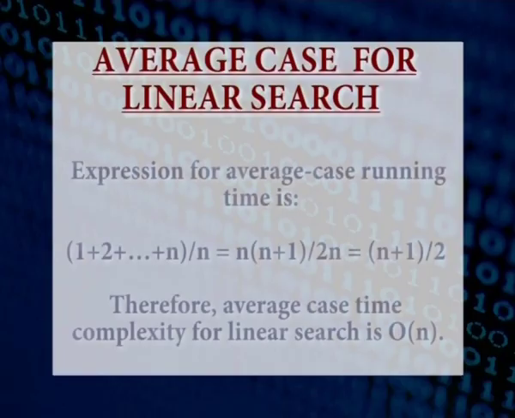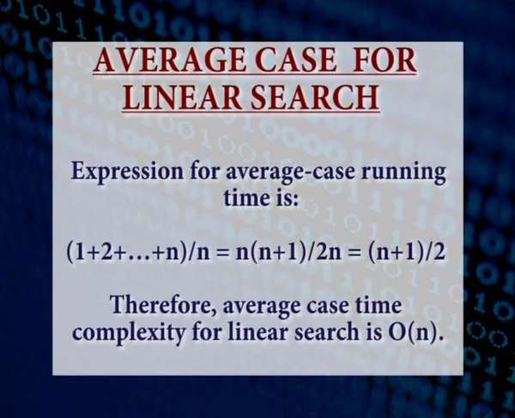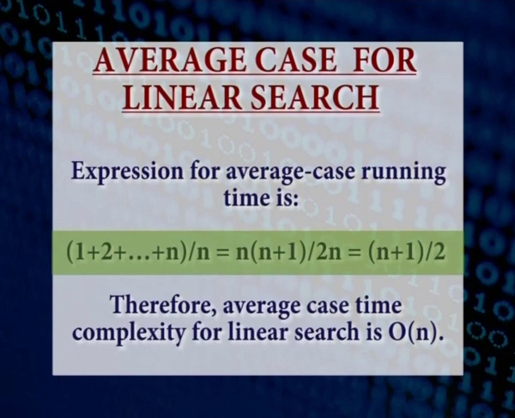To find the average case complexity, we calculate the average number of comparisons that may take place. The expression for average case running time is (1 plus 2 up to n) divided by n, which is equivalent to (n plus 1) by 2. Therefore, the average case time complexity for linear search is order n.